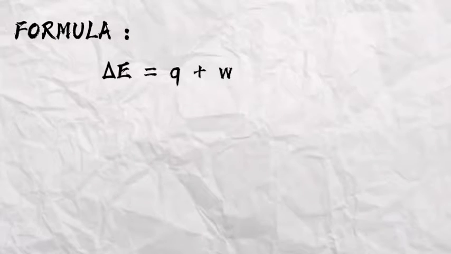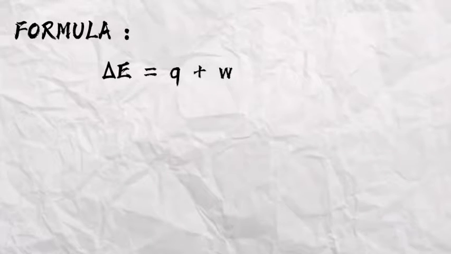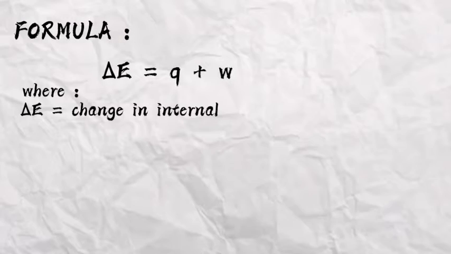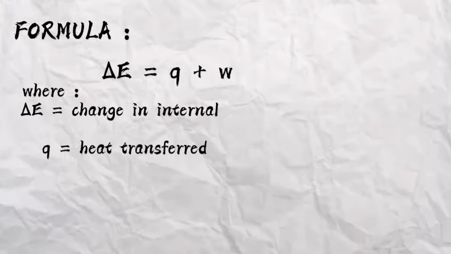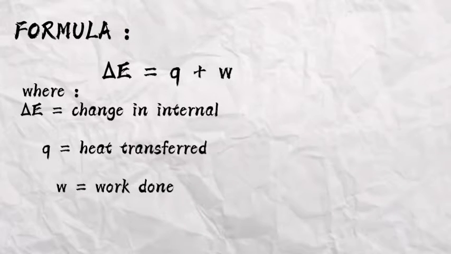Here is the formula of the first law of thermodynamics, where delta E is the change in internal energy, Q is the symbol for heat transferred, and W is the work that is done.